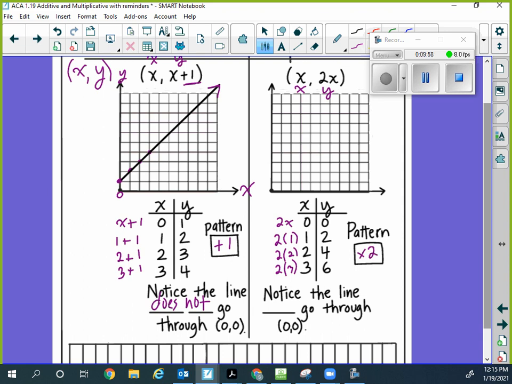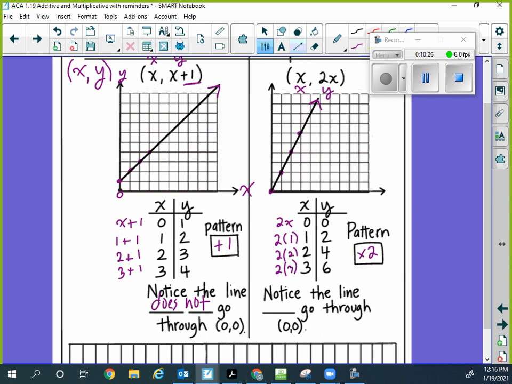Let's go ahead and graph that. So 0, 0 is here. 1, 2, 2, 4, and 3, 6. Connect your line. Okay.